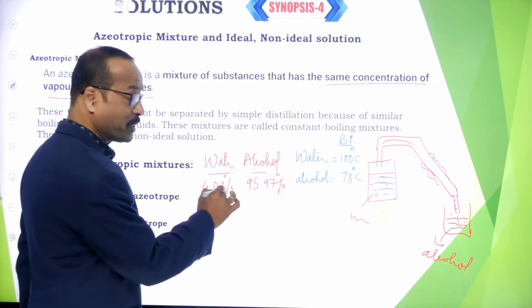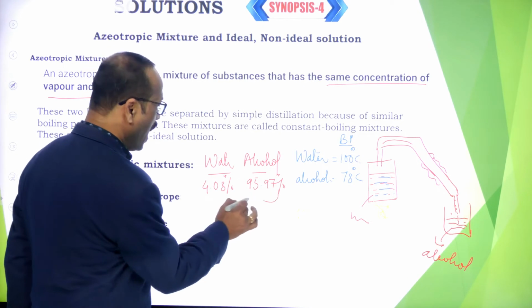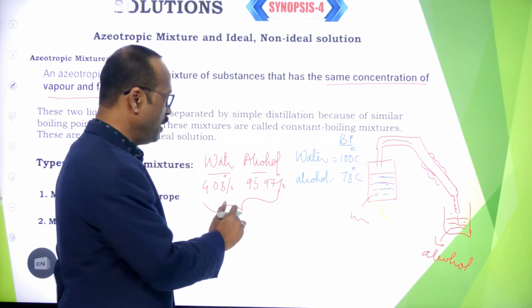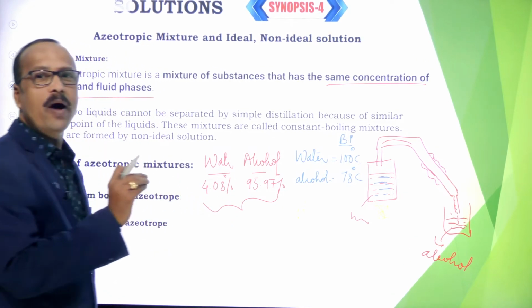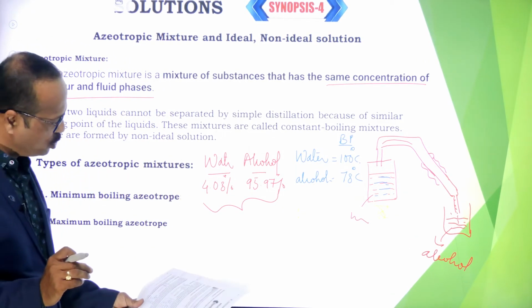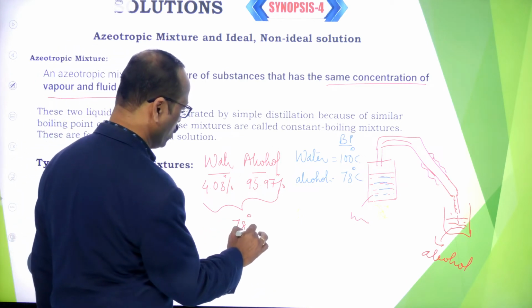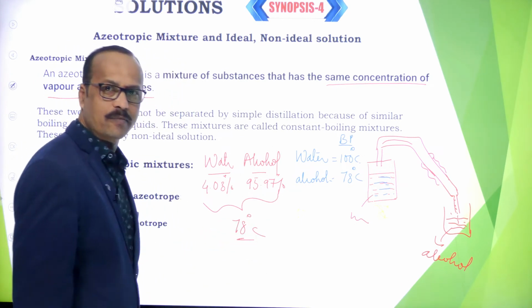Okay, I am taking this particular ratio, students. And now if I mix them together, then the combined boiling point becomes somewhat 78 degrees Celsius.